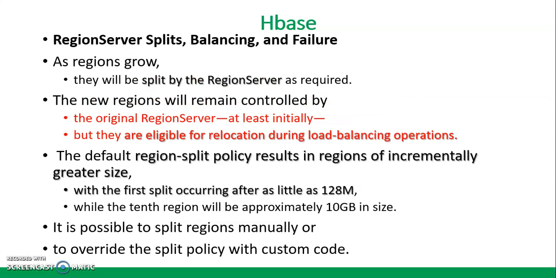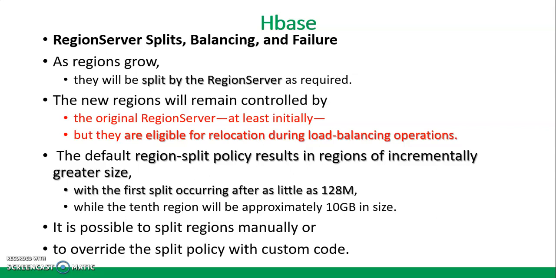As regions grow, they will be split by the region server as required. The new regions will remain controlled by the original region server, at least initially, but they are eligible for relocation during load balancing operations.